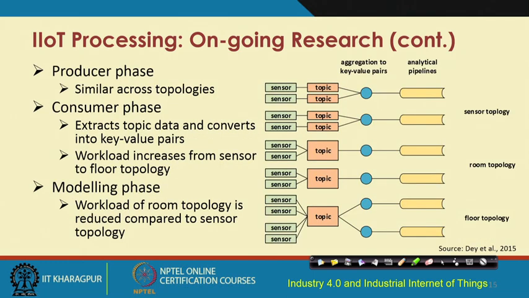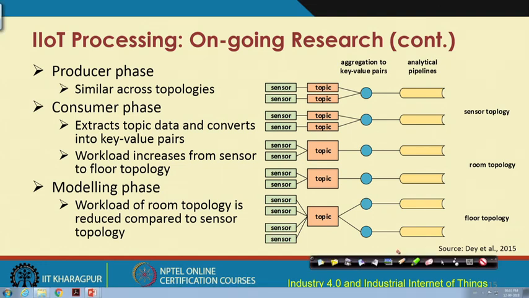So, De et al. came up with their architecture to deal with this particular problem. In their architecture, they have the producer phase, the consumer phase and the modeling phase. The producer phase is similar across different topologies, and as we see over here, these are the different topologies that they have analyzed.